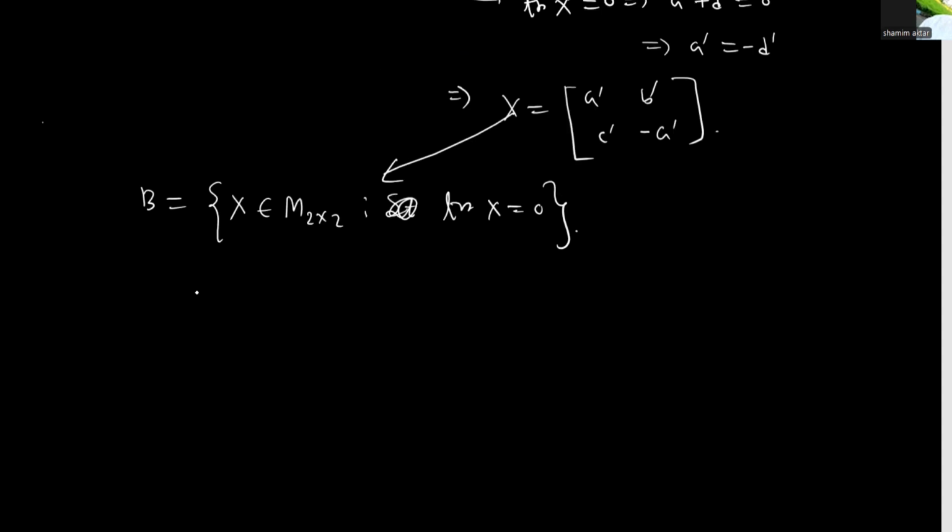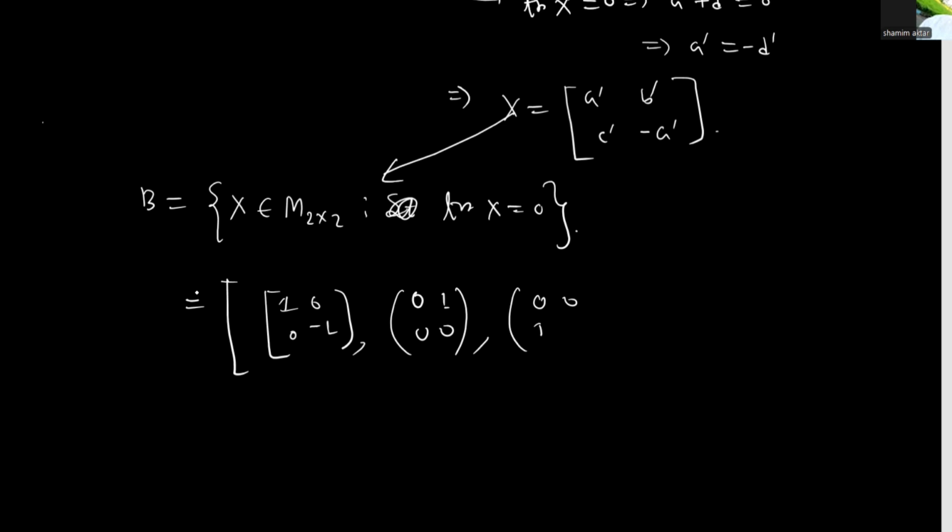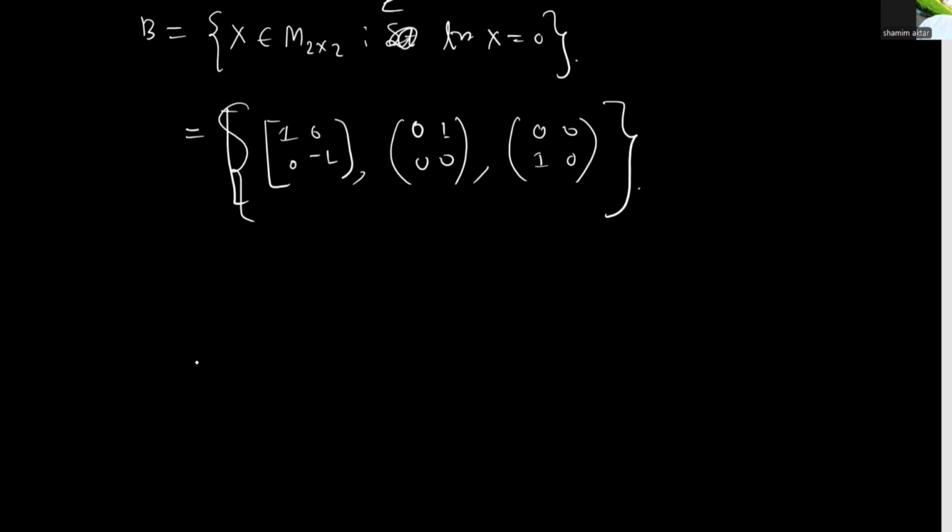Now next we find a basis of B. So basis of B equals 1 0 0 minus 1, and 0 1 0 0, and 0 0 1 0. This is a basis set of B. Now next we multiply the basis elements with A.